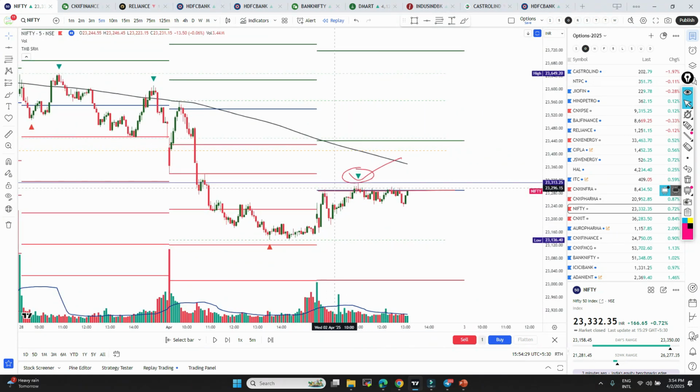Now the 200 moving average is a little above, around 200 points above. This acted as a CPR as well as the fractal. Next time when the market goes there, we can attempt the trade for a smaller profit.